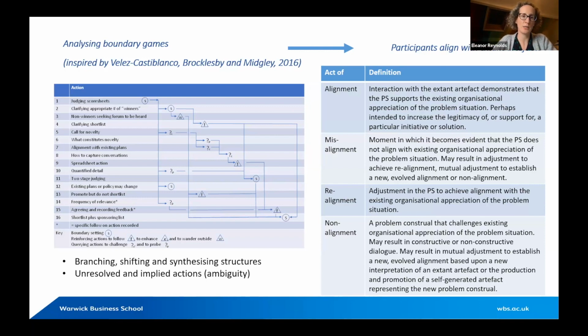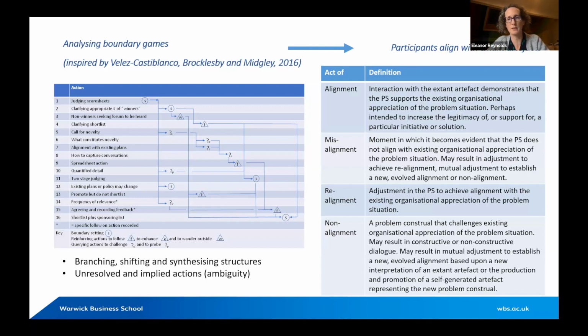But similarly to Velez, Castiblanco et al., I was seeing that through that dialogue there was a branching of ideas, that we perceive the situation as being problematic in this respect, but also in this respect, a shifting. Is that really the issue here, or is it perhaps actually this discussion coalescing over a slightly different perception of the situation?